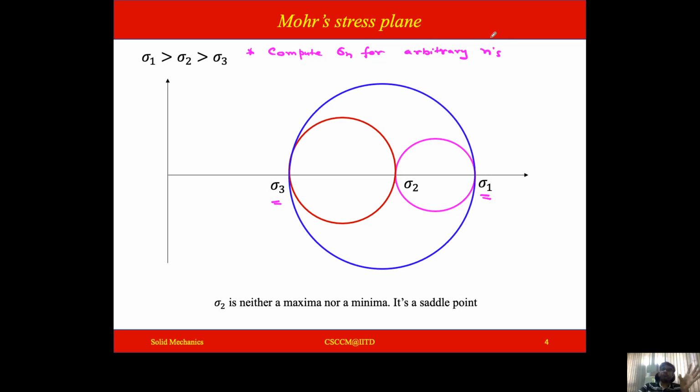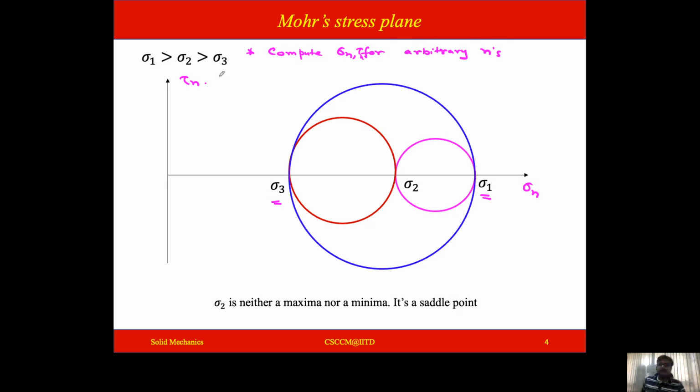Compute this state of stress matrix for arbitrary n's, and then you plot it on this sigma n tau n plane. So let me repeat myself. Compute sigma n and tau n for arbitrary values of n's, and then you can plot it on this sigma n and tau n plane.